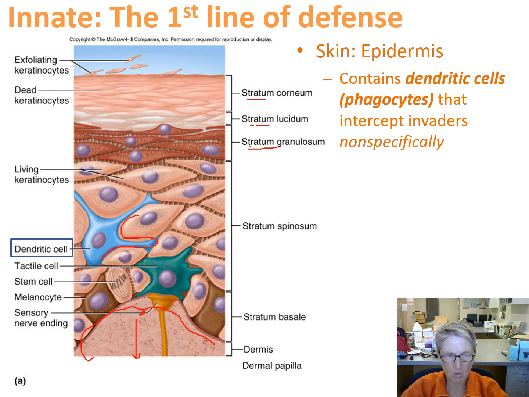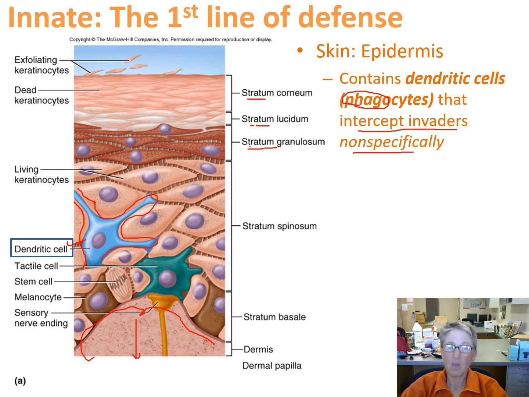These blue cells are dendritic cells. These are really important cells to learn about because they play a role not only in the innate immune system, they also play a really important role in the adaptive immune system, or the specific immune system. These dendritic cells are phagocytes. Phagos is Greek for to eat, so they can eat things. What they do is intercept invaders, but they do it non-specifically.